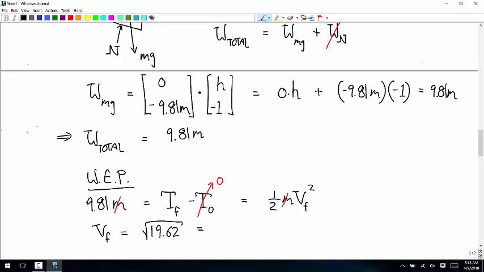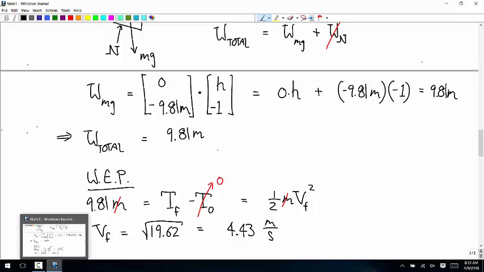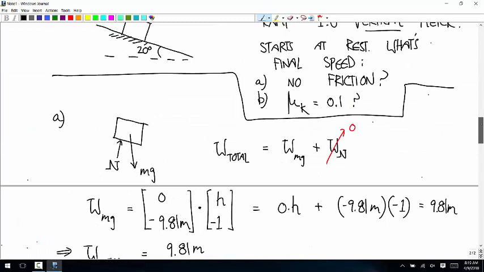No, I'm using the newest equation. Oh, yeah. That's kinetic energy. Okay, 4.43 meters per second. That's what the work-energy principle says.